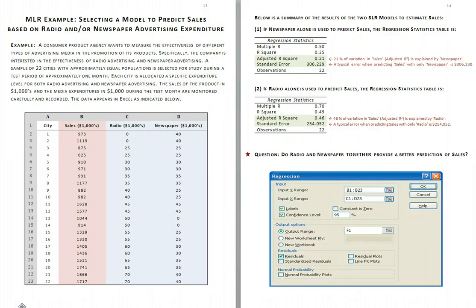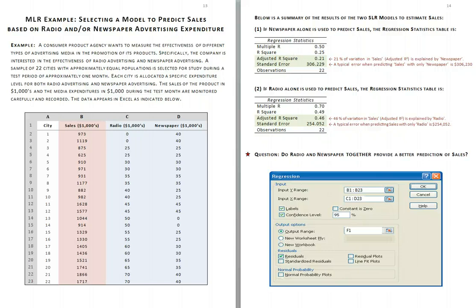The goal is to select the best model to estimate sales based on the two independent variables, radio and newspaper advertising expenditures. Possible models include the simple linear regression model that uses only newspaper to estimate sales, the simple linear regression model that uses only radio to estimate sales, and the multiple linear regression model that uses both newspaper and radio to estimate sales.